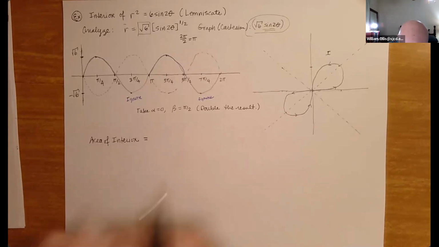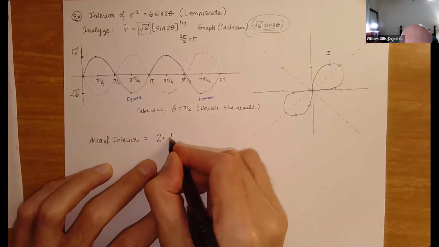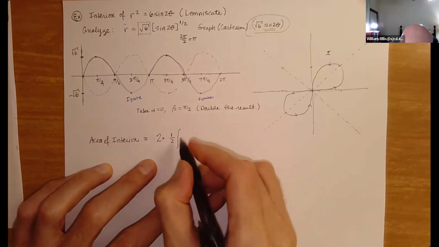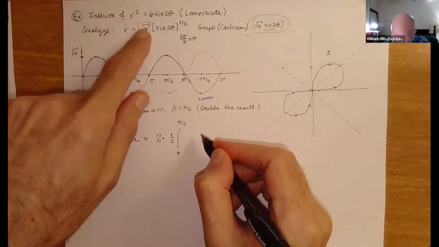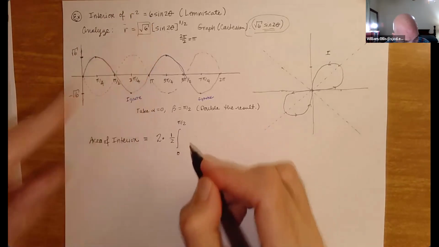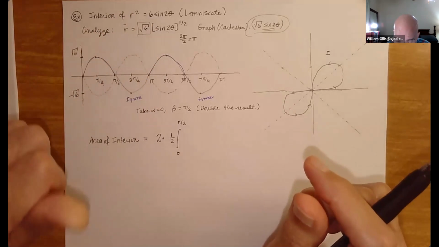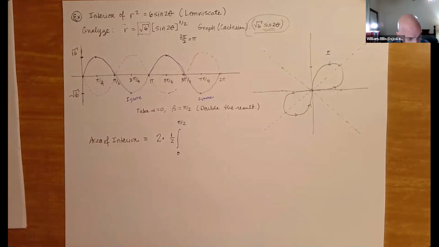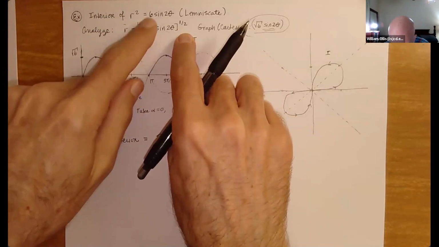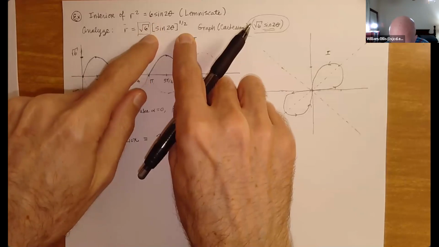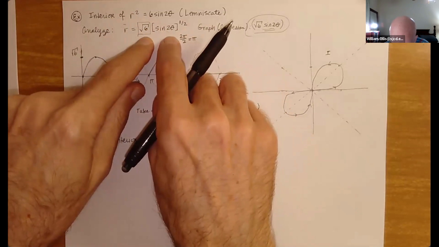So for instance, we'll have 2 times, again, we've got the 1/2, integral from 0 to pi over 2. And now this is where you look and say, okay, how do we proceed with this? The thing is that this is our curve and there's the square right there. So don't square the square. So here's what we're looking at.